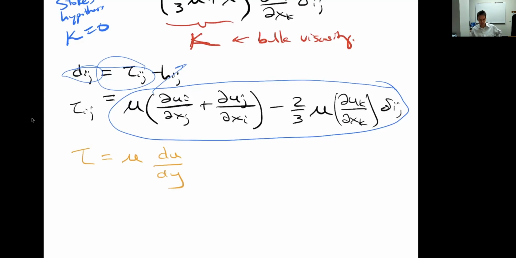For example, the tau xy component would be mu times du dy, which would still exist, but I'd also have plus dv dx. And potentially I'd have this term, which in many cases is 0. If it's incompressible, remember this is the divergence of the velocity field, and that's 0 for an incompressible fluid.